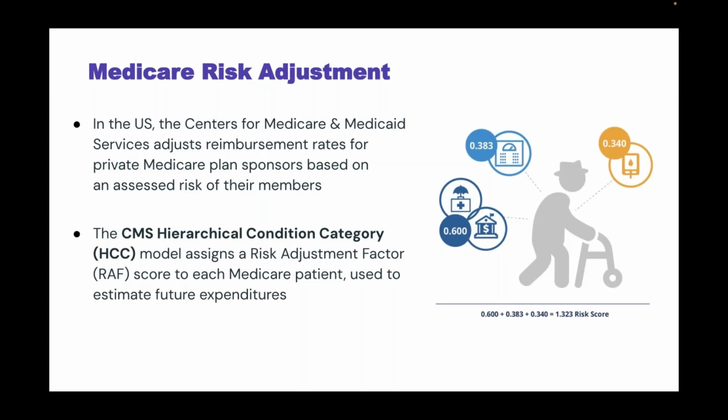As a result, Medicare Advantage plans that enroll sicker individuals, with higher RAF scores, get reimbursed more because they are expected to incur higher costs providing care. This helps ensure plans are fairly compensated for the health needs of their members.